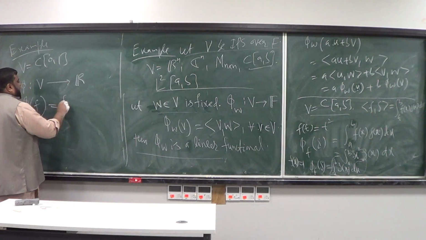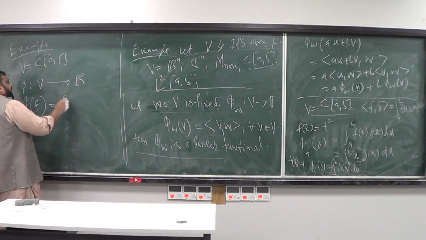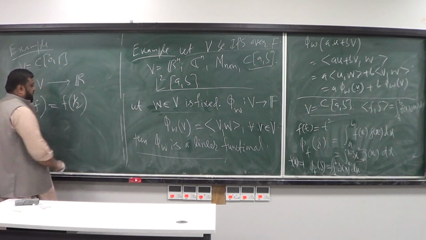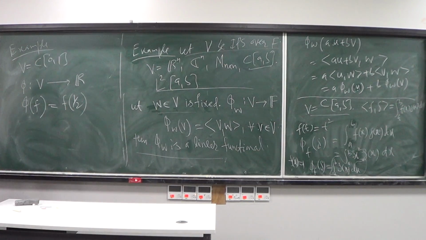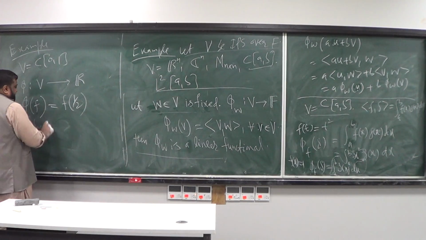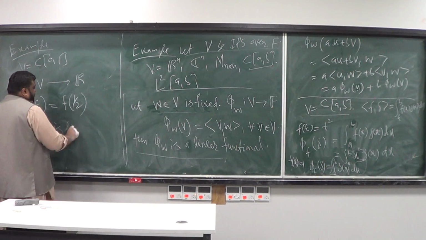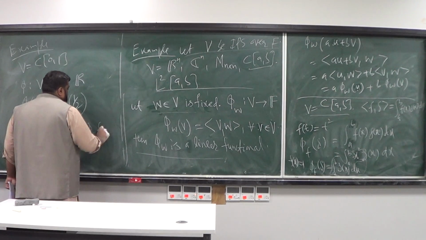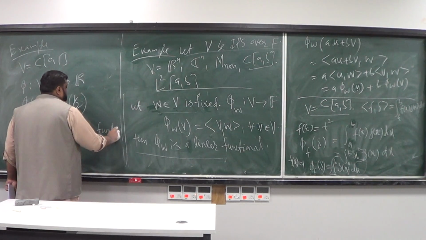The number I'm assigning here is: take this f and evaluate it at 1/2. My claim, which you can verify for yourself, is that this phi is also a linear functional.